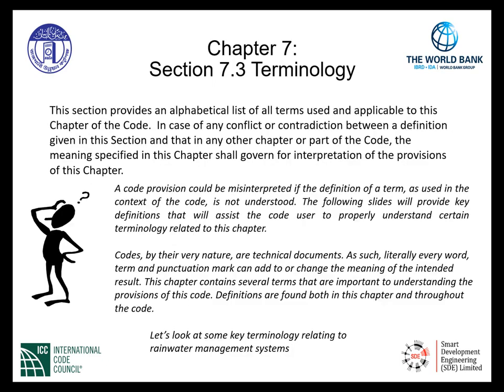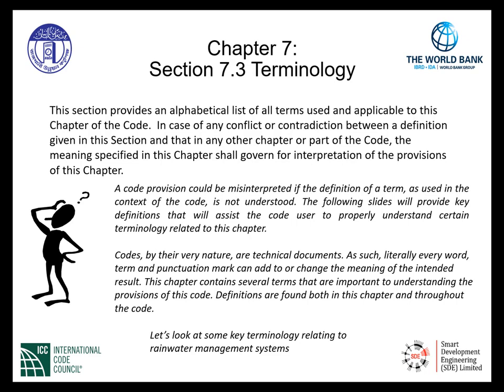Section 7.3, Terminology. This section provides an alphabetical list of all terms used and applicable to this chapter of the code. In case of any conflict or contradiction between a definition given in this section and that in any other chapter or part of the code, the meaning specified in this chapter shall govern for interpretation of the provisions of this chapter.